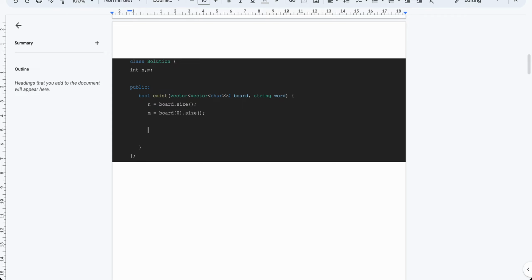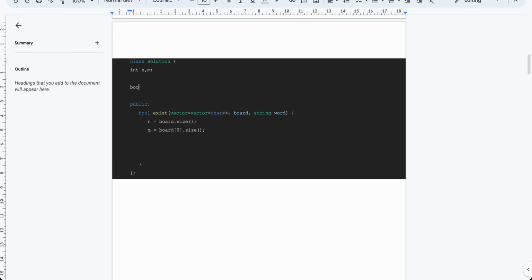Now I need to write bool exist inside this board. Does the word exist? What is that sol function? Which character I'm processing of the word, that is important.